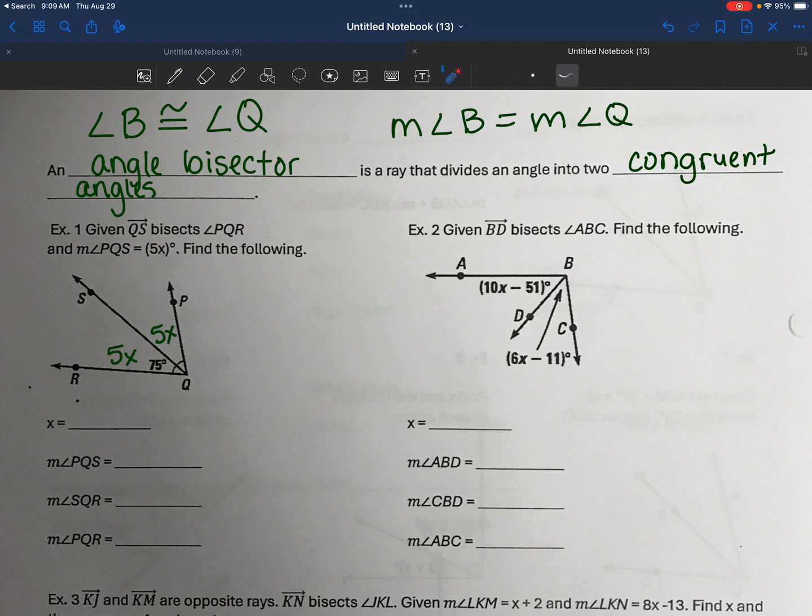Also equal to 5x, okay? Because here, do they give us the measure of this whole entire angle? Yes. What's the measure of the whole angle? 75, okay? So, can anyone tell me how I could solve for x here? 5x plus 5x equals 75. Good. Add the two parts, set it equal to the total.